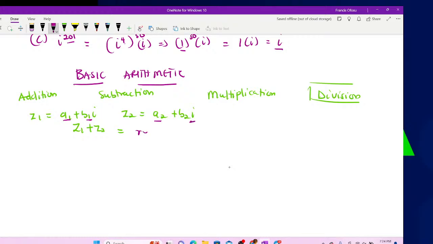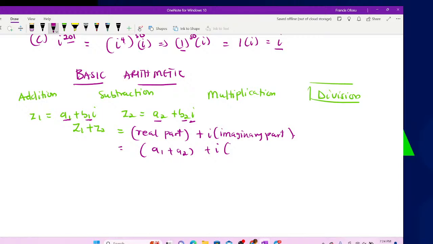So it is the real part plus I times the imaginary part. The total real part will be A1 plus A2, plus I open bracket, the imaginary part, B1 plus B2.